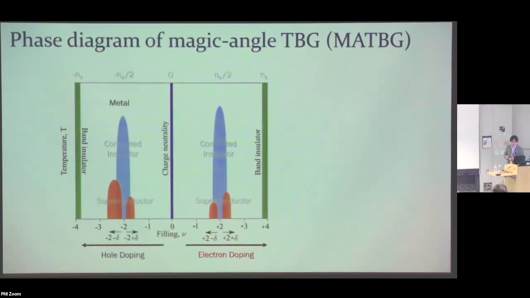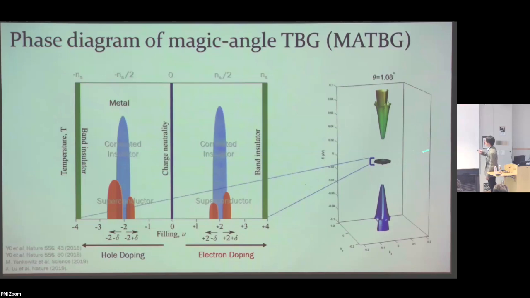So just to give a summary of the phase diagram in MATBG that we know right now, this is basically a map of the filling factor versus temperature, where on the left side you have the very insulating band gap. On the right side you also have the very insulating band gap. And within this whole region is that pancake that we looked at, which is the flat band.